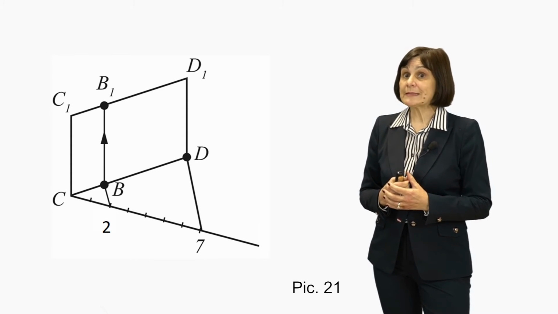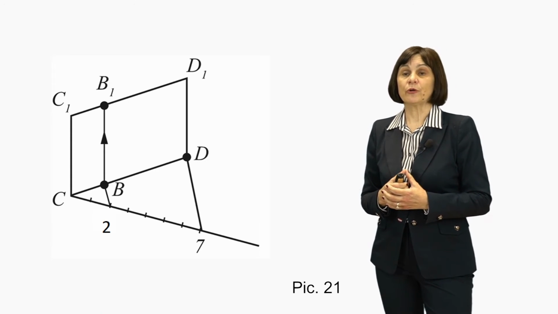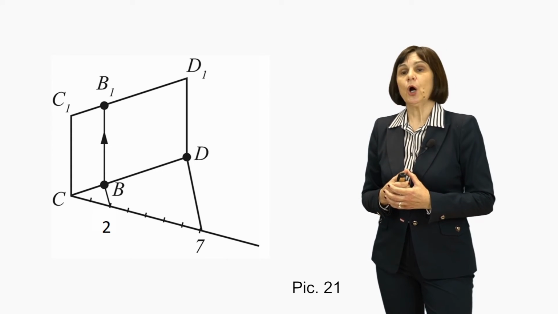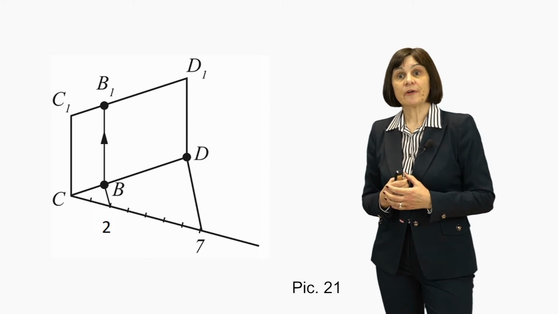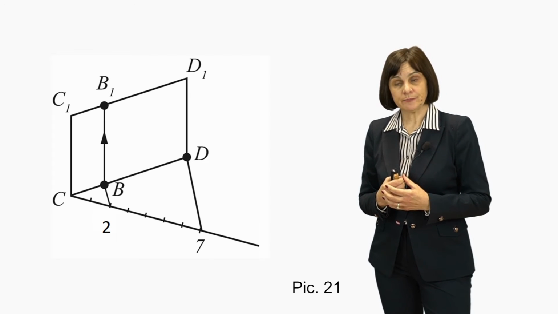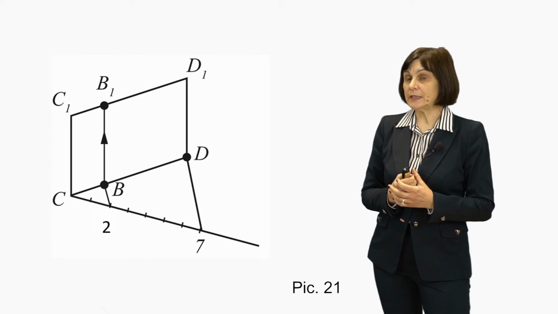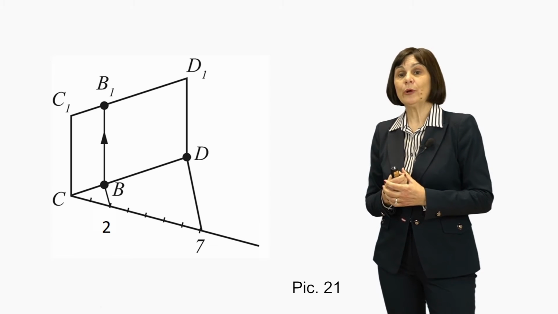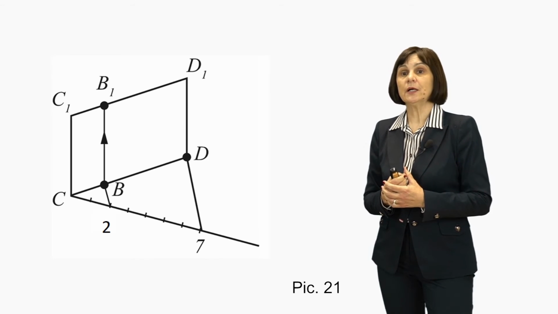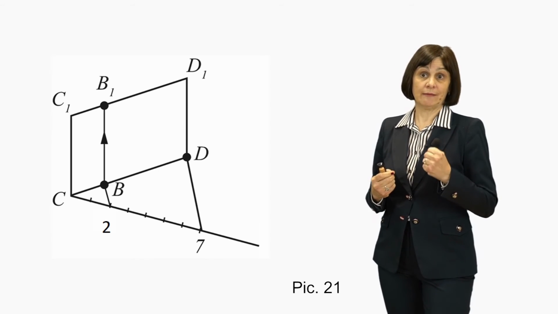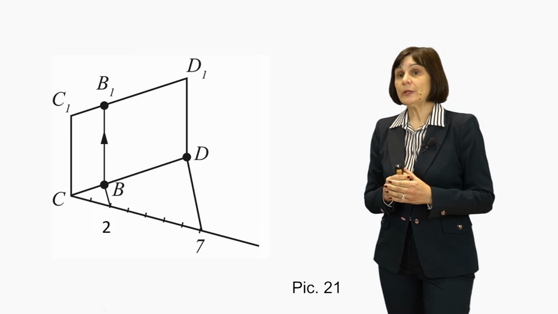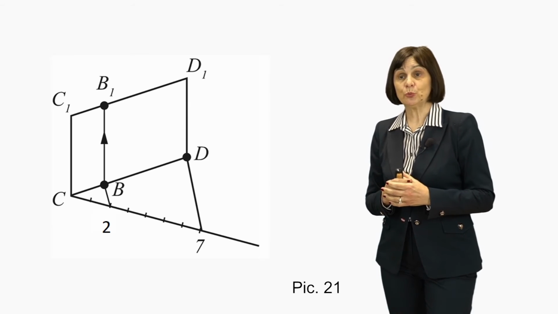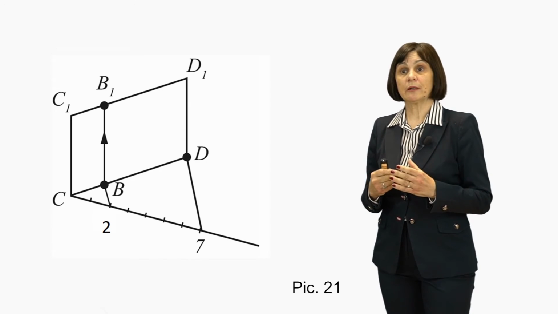To get the same construction on frontal plane, we should project point B on the frontal projection of segment CD. As you see, we connect point C and C1 with perpendicular line. And point D also is connected with point D1 with perpendicular line.